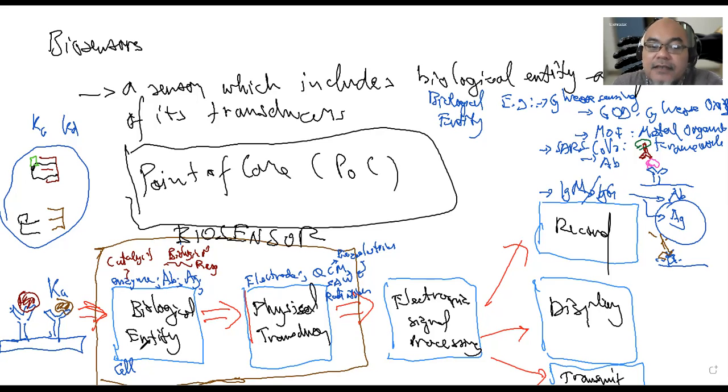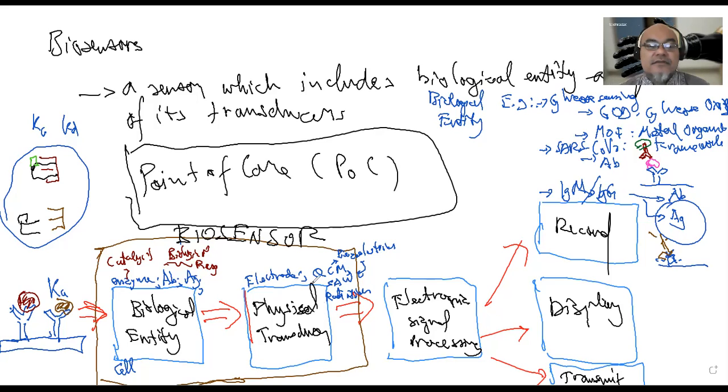In this case, the cell is the biological entity, and the physical transducer is the electrode. Why can we use an electrode for neuronal cells? Because in neuronal cells there is always ionic transfer between the inside and the outside of the membrane. Potassium, calcium, chlorine ions are always being exchanged across the membrane.